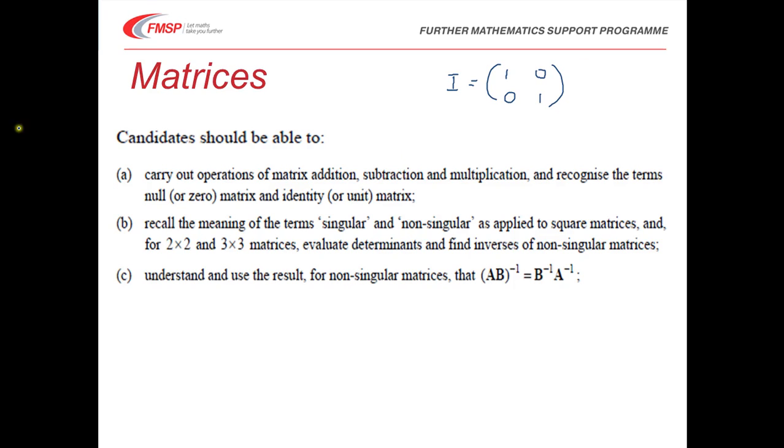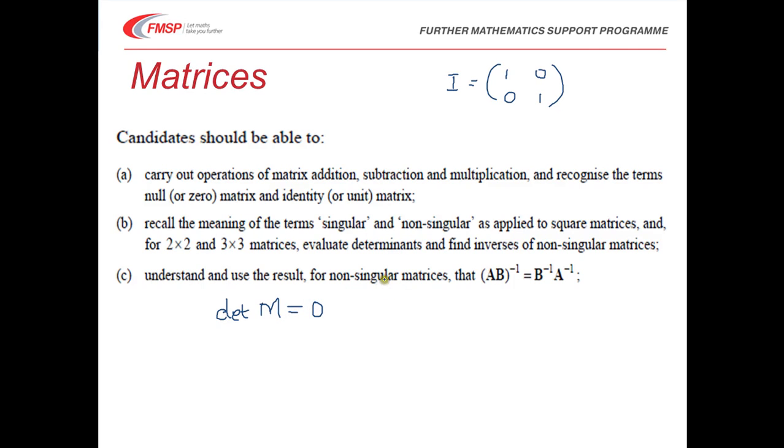We've then got to be able to recall the meaning of terms like singular and non-singular as applied to square matrices, and for 2 by 2 and 3 by 3 matrices we've got to be able to evaluate determinants and find inverses of non-singular matrices. So just again remember that if we have a matrix M, then we calculate the determinant.